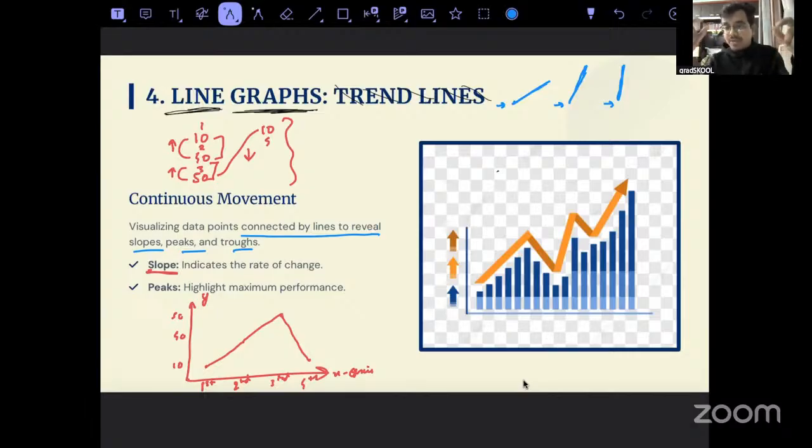Now, if I give you a line graph, can you write down the data for me? If I've given you this, can you write down this for me? Can you do that? Waiting for your replies.